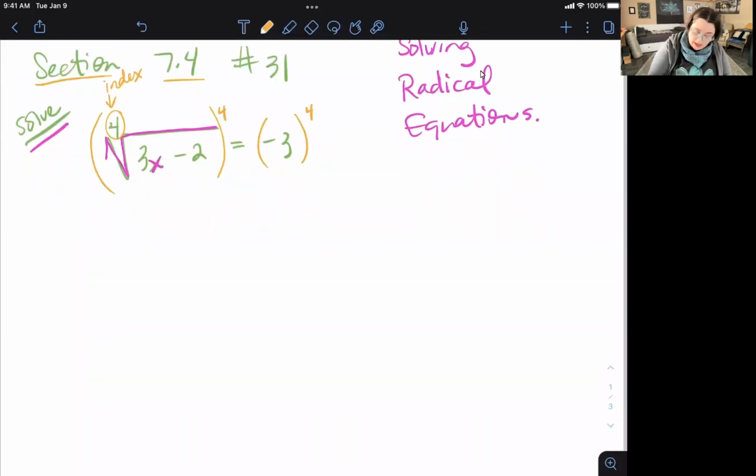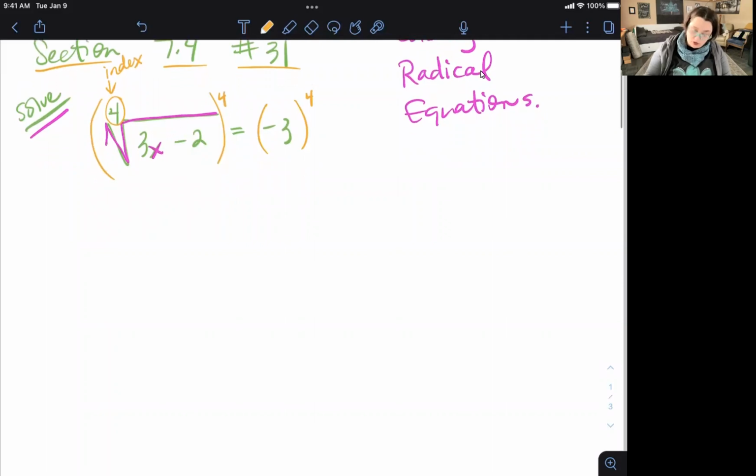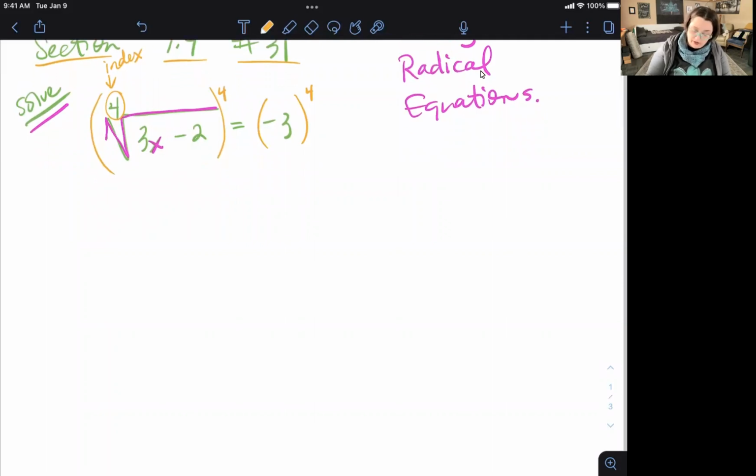And by the way, this is everything that you did, the person who sent in the question, number 31 in section 7.4 in Math 65. This question that you sent, you had done all of the work correctly. So let's just go ahead and review what you got. After we take the fourth power of the fourth root, we get 3x minus 2 equals negative 3 to the fourth power.